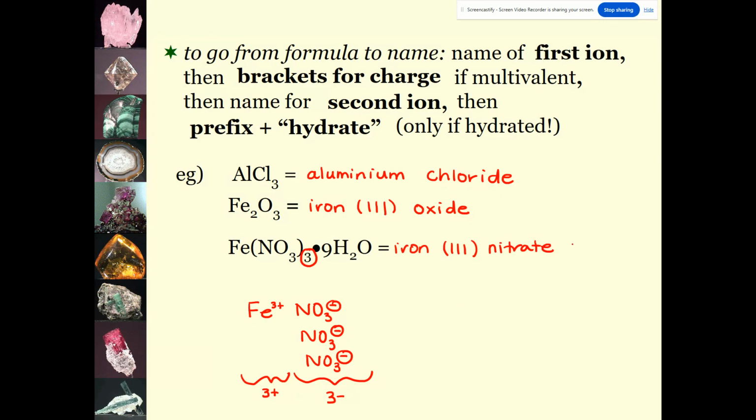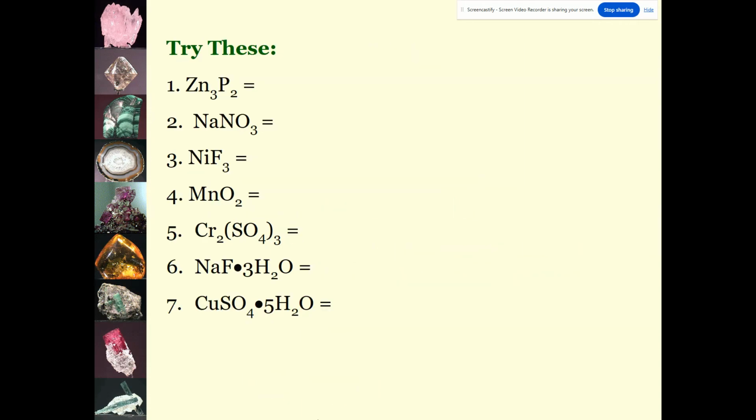And then I have to add nonahydrate at the end, because it is hydrated with 9 water molecules, and 9 is nona. Okay, so iron(III) nitrate nonahydrate. Now there are some for you to try, so you can pause this video and give these a try.